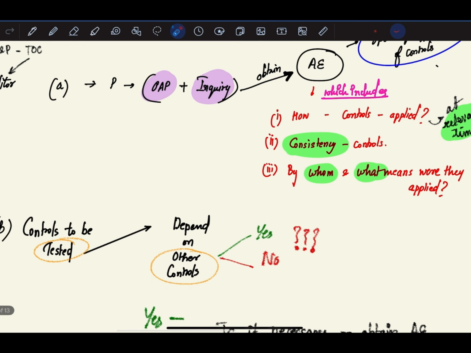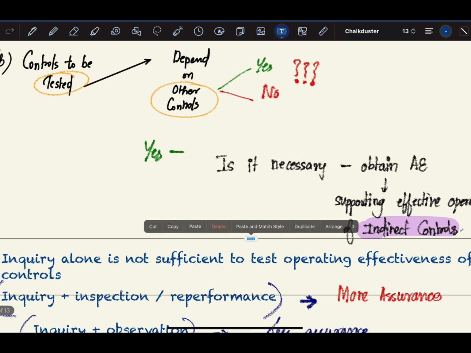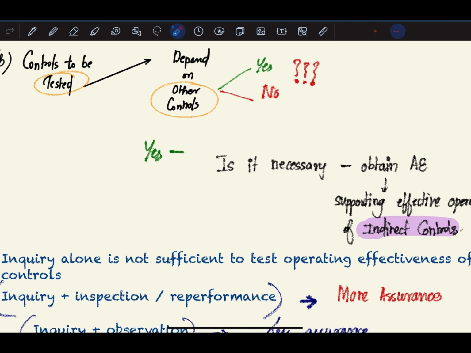The second thing to keep in mind while designing and performing test of controls is that he will determine whether controls to be tested depend on other controls. The controls that he is testing, are they dependent on other controls? If no, then the auditor will ignore it. If the controls to be tested depend on other controls, then the auditor will check, is it necessary to obtain audit evidence supporting the effective operation of the indirect controls?